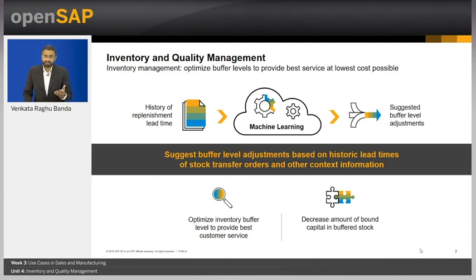Obviously, like I have mentioned in the last section, for this use case we have different approaches. We could have leveraged the predictive approach, or we could have leveraged the Leonardo approach. Here we have picked the option of leveraging the predictive analytics approach, which is embedded in the S4HANA business process.